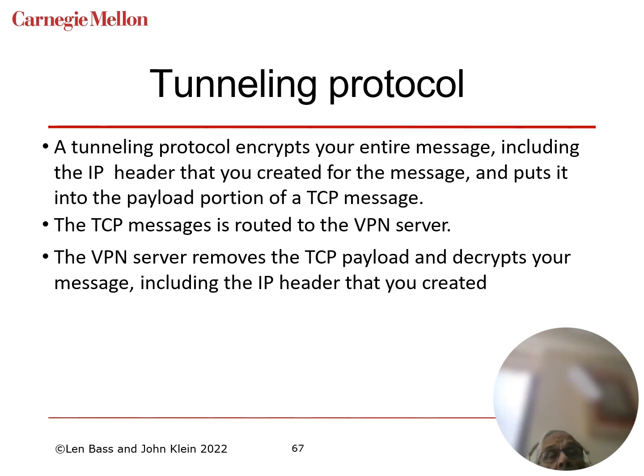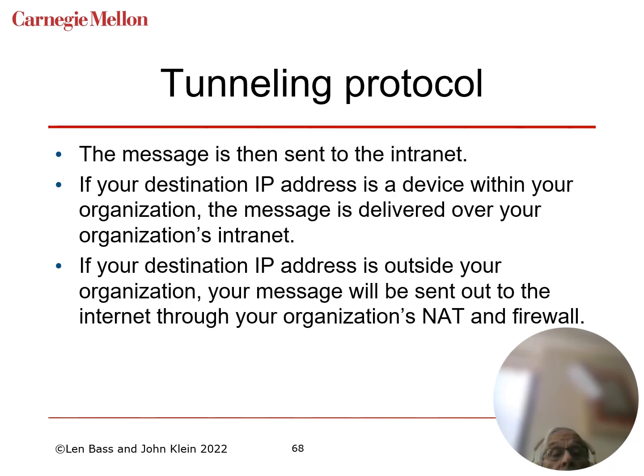So assuming you have the appropriate credentials and you've been authorized, then the VPN server will decrypt it and send it through the firewall to the recipient. So one of the rules on the second firewall in the DMZ is if it comes from the VPN, then pass it through. If your destination is within the intranet, then it's just passed.